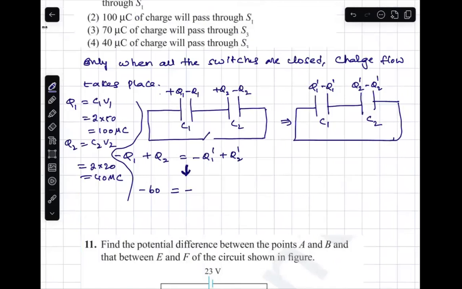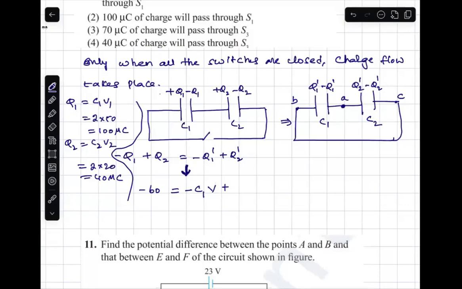Now try to please understand. Now I am assuming this point as a low potential. Let this be A. Let this be B. Let this be some C. So now minus Q1 dash refers to minus C1 V common. Plus Q2 dash represents plus C2 V common, actually still A is the lower side.